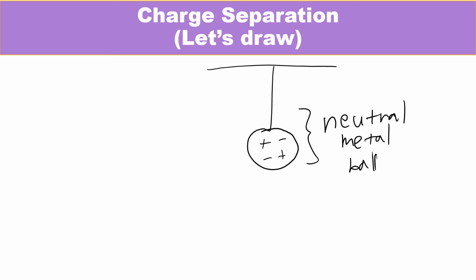Obviously it's at 90 degrees, because gravity makes that metal ball fall or try to fall, so there's no swinging. That's a key point. Now, let's assume that we have a metal rod, but this time it's positively charged.